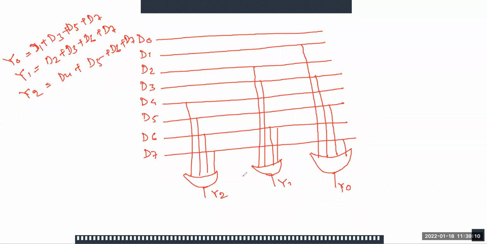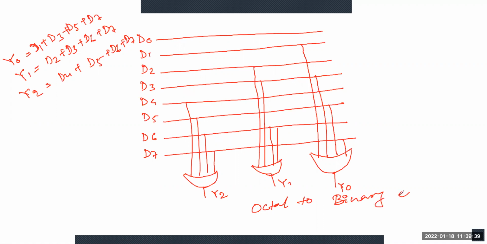So here you can see these are the three OR gates, for Y0, Y1, and Y2, and all of these gates have 4 inputs. Okay, so this is the octal to binary encoder.